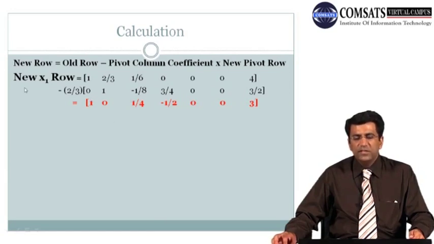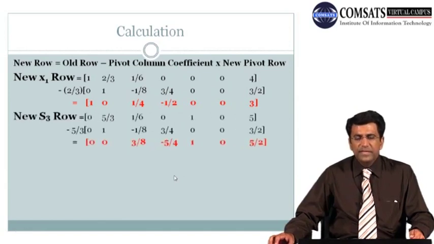We get the new x1 row as 1, 0, 1 by 4, minus 1 by 2, 0, 0, 3. Next, the new S3 row is equal to the old S3 row minus the corresponding pivot column coefficient against S3 multiplied by the new pivot row, and we get the new S3 row as 0, 0, 3 by 8, minus 5 by 4, 1, 0, and 5 by 2.